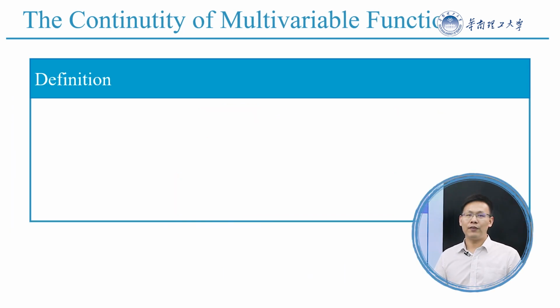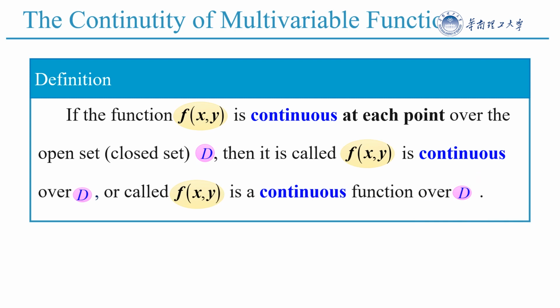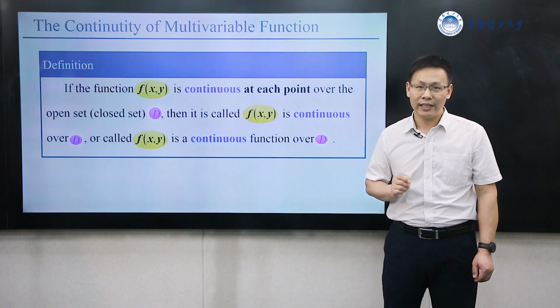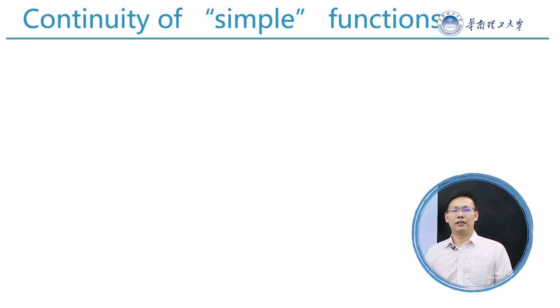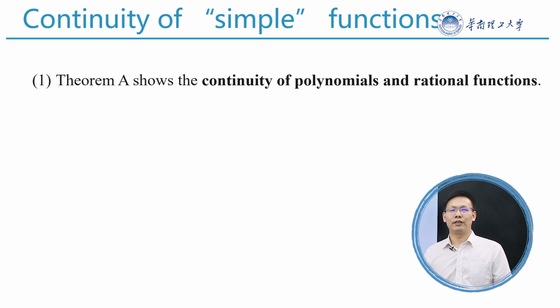Furthermore, if the function f(x,y) is continuous at each point over the open set or closed set D, then f(x,y) is called continuous over D, or a continuous function over D. Remarks: 1.